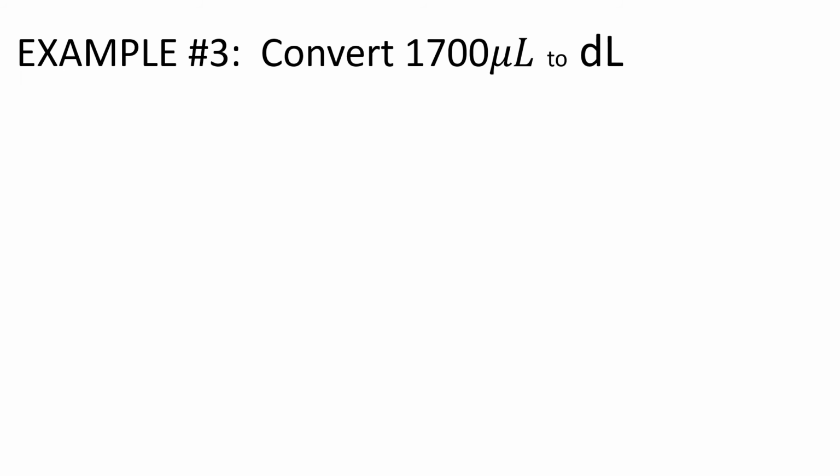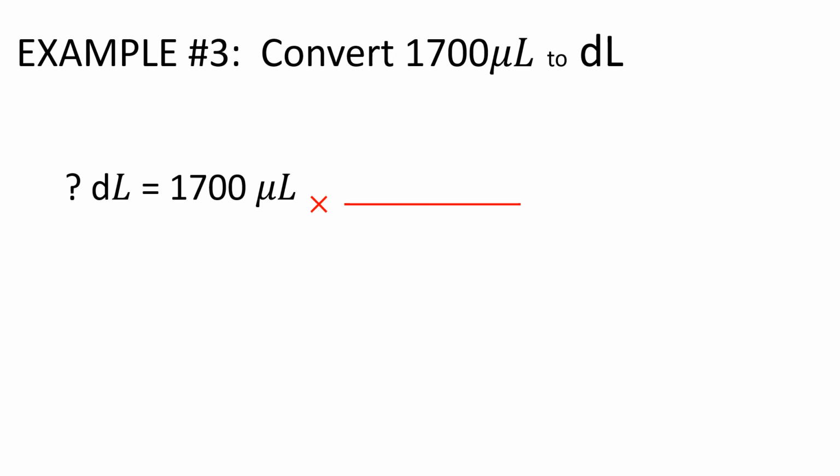So let's begin. Our first order of business is always going to be put that question mark statement there. So we're looking for deciliters, and we're saying question mark deciliters equals 1,700 microliters. So that's just all the information that we've already known, and we have to just start from there. After that, first of all, we got to ask ourselves, they both have liters, right?